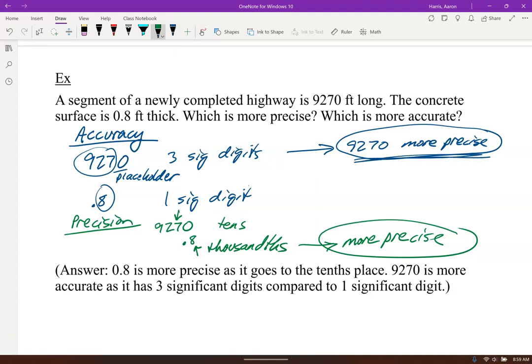Whereas the precision, the last significant digit is to the tens, whereas on the 0.8, that's in the, oh, I'm sorry, that's not the thousandths, that's the tenths. My apologies. But either way, tenths is more precise than to the tens position, right? So, all right, that's it. I think that'll kind of get you started.